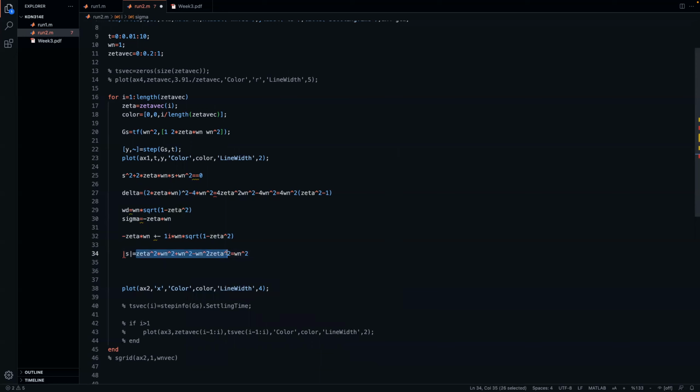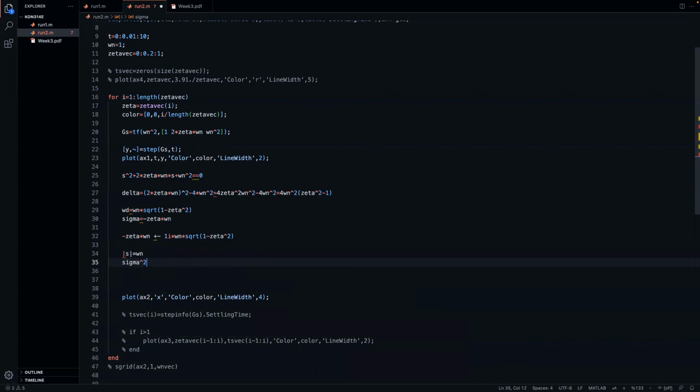If you're looking at the absolute value, you should also have the square root. I didn't write it down because it's obvious that we have that. So the square root of this is basically going to be omega n. So this shows us that the magnitude of s is going to be omega n.